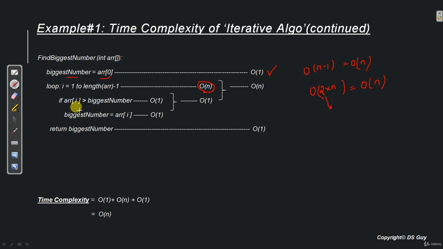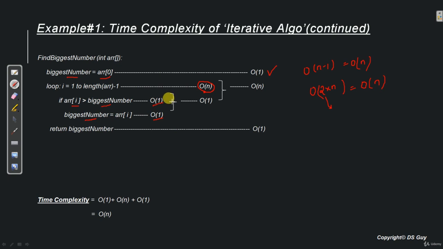Fine. Now the next statement is, we are comparing the value of the current cell with the biggest number. This is a constant time operation. Updating the value in the biggest number variable is again a constant time operation.